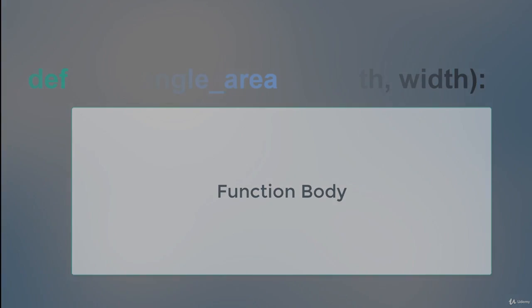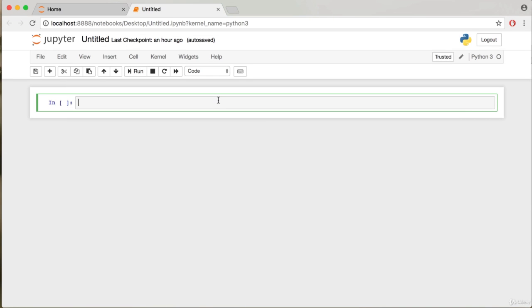Let's dive into Jupyter Notebooks to see this in action. As previously noted, the first step is to declare the function definition. We'll start this off with the def keyword. The function name will be rectangle area. Next come the parentheses, which in our case are going to take in 2 arguments.